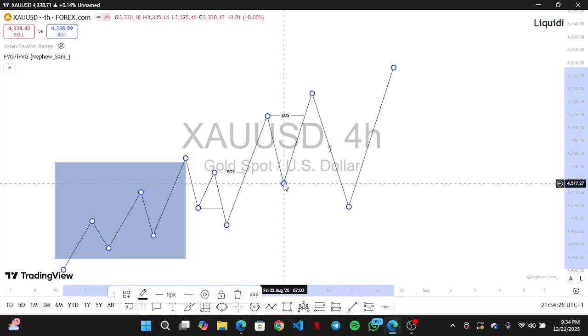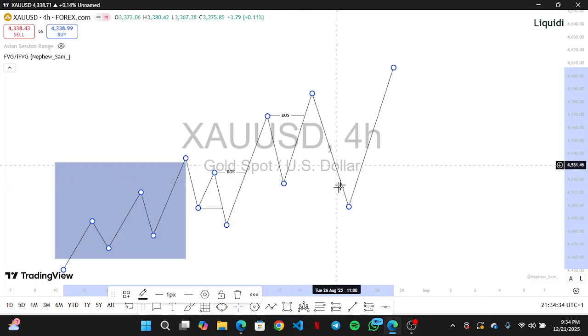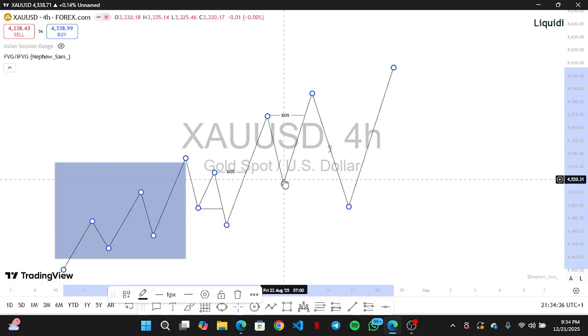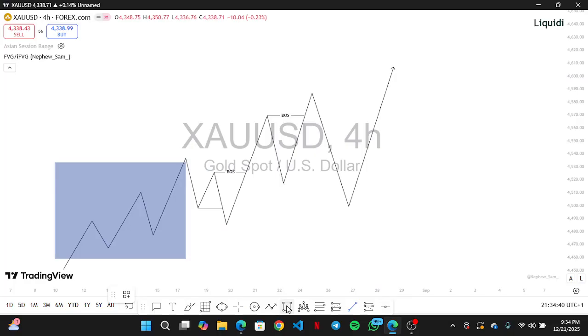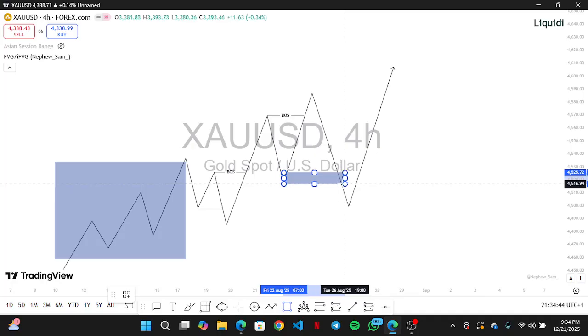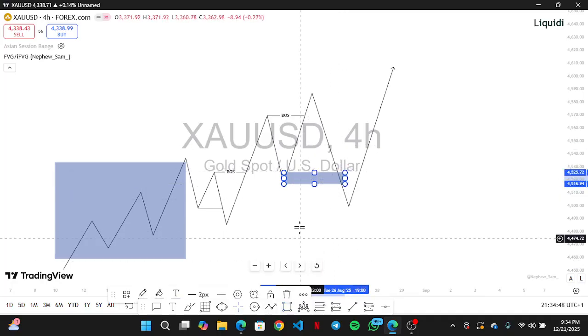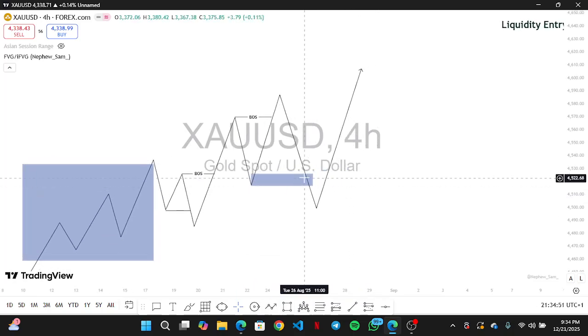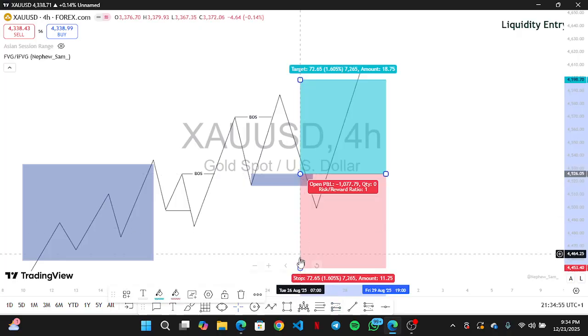Inducement means to force somebody or make somebody do something. So this inducement makes people want to buy from this level. People would open buy positions, click buy BTC USD, buy XAU USD, buy Solana USD, and so on. People will be looking to buy from here, and this is what will happen: price will take them out.